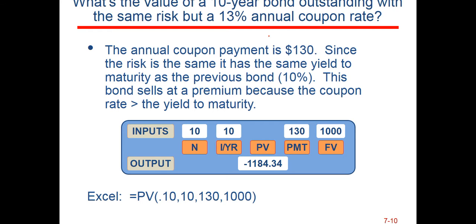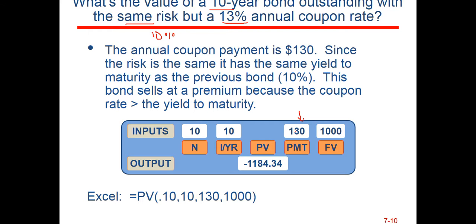Now, let's assume that we have the same 10-year bond. It has the same risk, which means the market again demands 10%. But it pays 13% annual coupon. So the payment on $1,000, 13% is $130 each year.